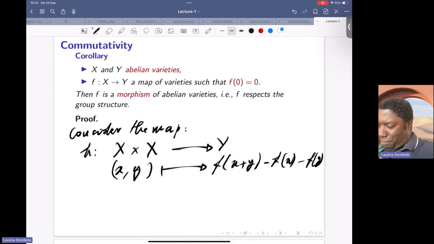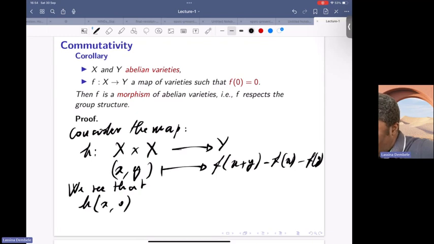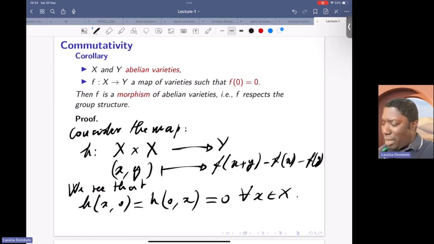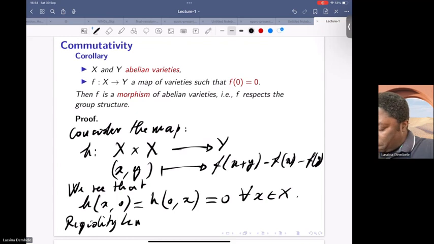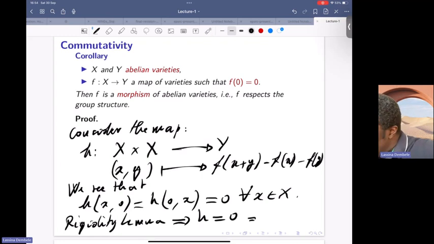We call this map H. And then if you do that, you see that if you take H of (x, 0), this would be the same as H of (0, x), and this would be 0 for every x in X. And so as a consequence of the rigidity lemma, you see that H would be the zero map, and this would imply that f is a homomorphism.